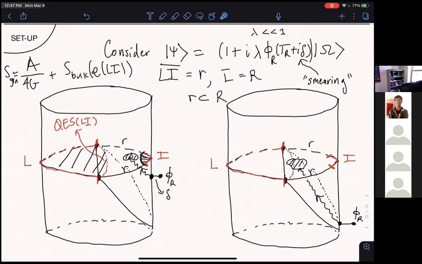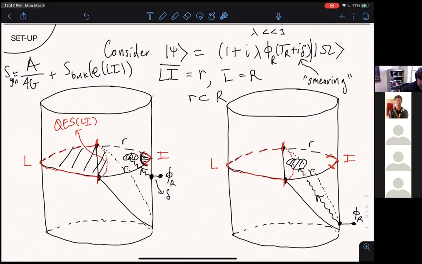So our goal here is to sense this transition represented in these two pictures, where the excitation that's on this t equals 0 slice is mostly contained in little r, and then it moves into being contained in the entanglement wedge of Li.